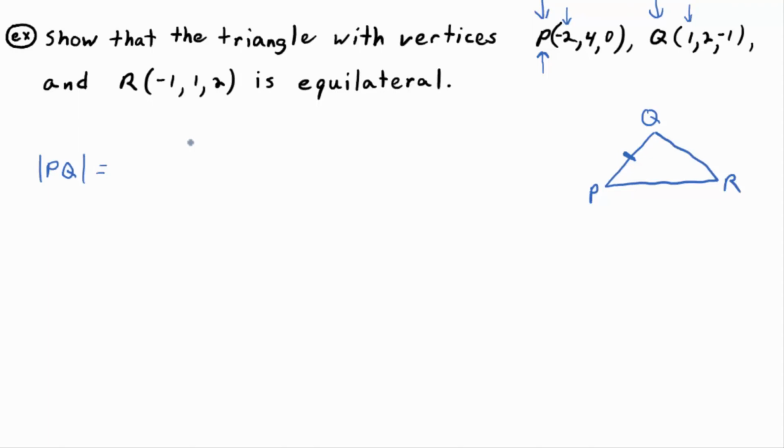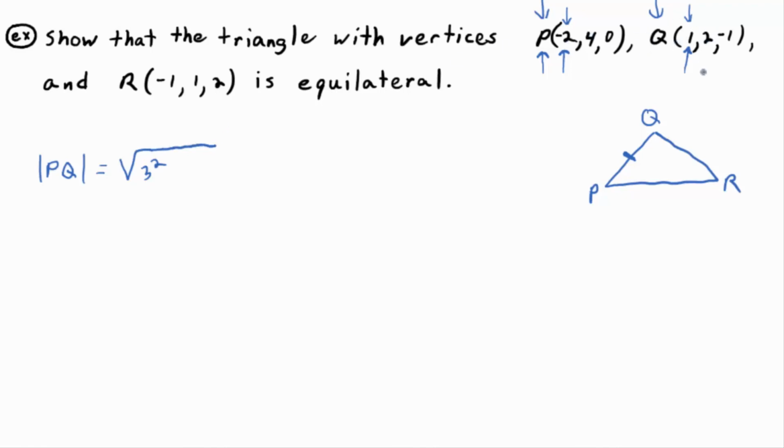Now, you don't want to be too slow at this, right? I think we could do some of this in our heads. So it would be 1 minus -2. What's that? So we're going to take the square root of 3 squared, right? 1 minus -2, 3 squared.